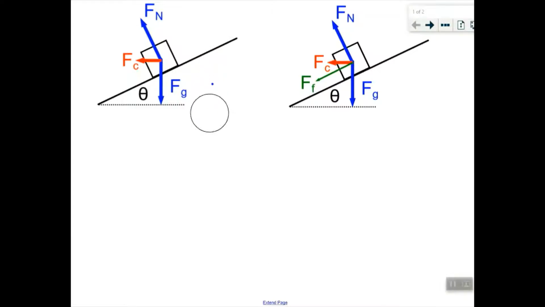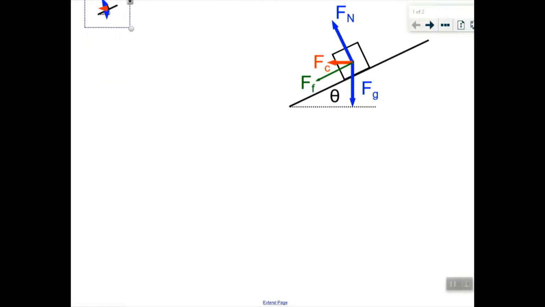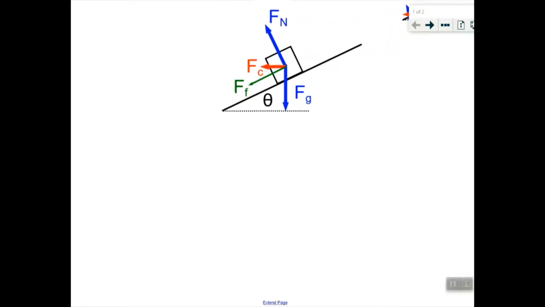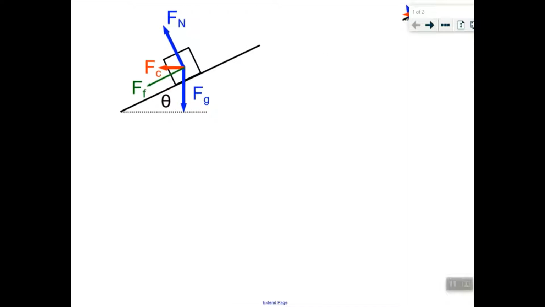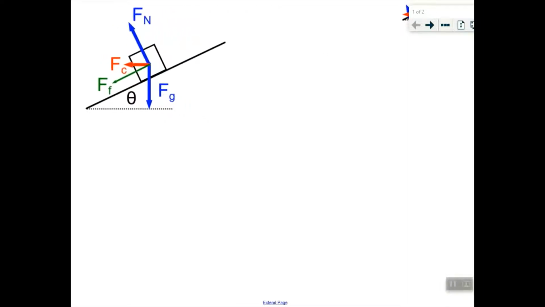Now, when we work with friction, we have to add in another force. So this other diagram that I've got here is what we want to work with. Now we have three forces netting out to that centripetal force, which means our actual diagram is going to look something like this.